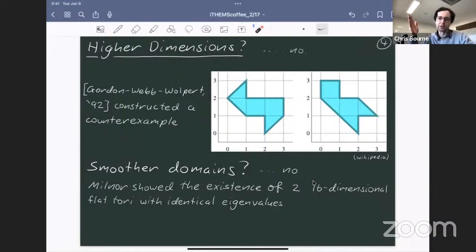Once those results were in place, you still have to be clever to write down these examples, that's definitely true, but then you can start to explore a little more concretely and think about which types of shapes might be relevant.